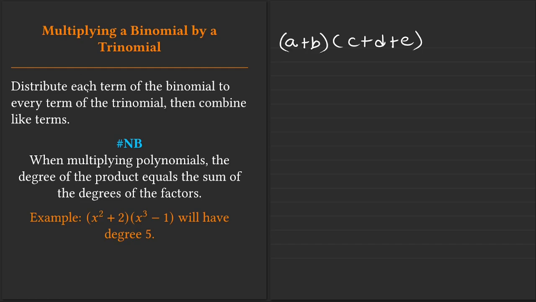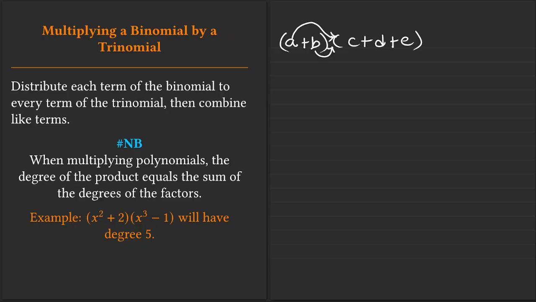It says we should distribute each term of the binomial to every term of the trinomial. Then we should combine like terms. So in this binomial, let's distribute each term. That is, A should multiply each and every term in this bracket. Then B should also do the same.